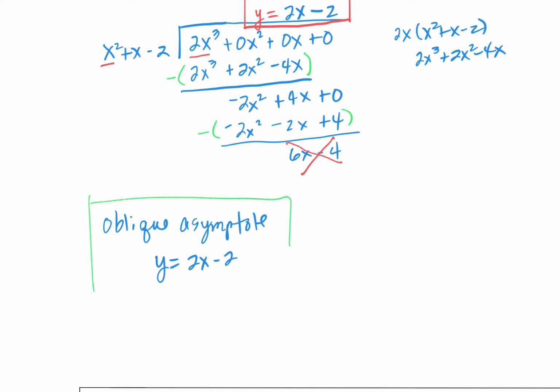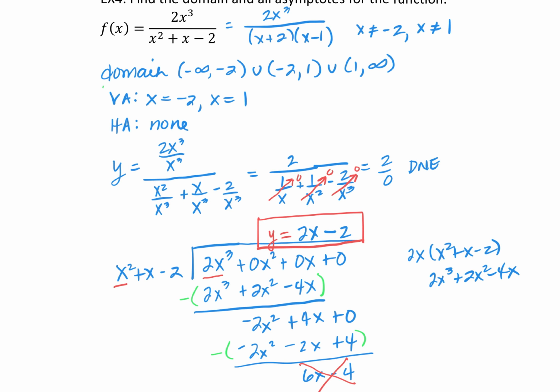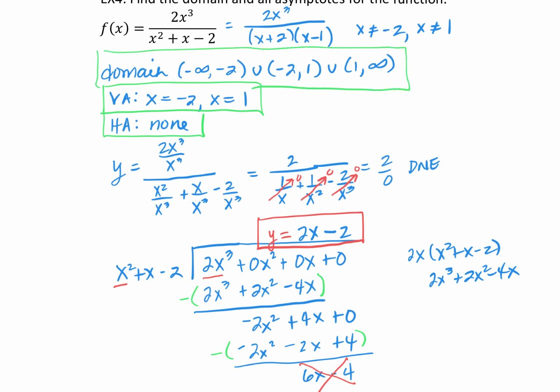So I did have an oblique asymptote. I did have a vertical, in fact I had 2 vertical asymptotes. I did not have a horizontal asymptote. And I found my domain, which tells me that I'm going to have 3 pieces to my graph.